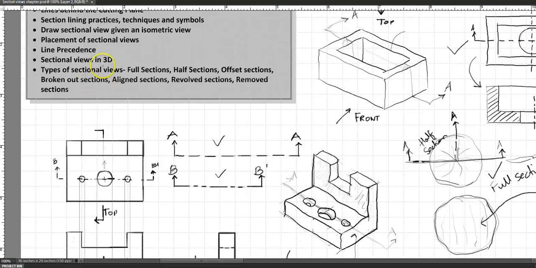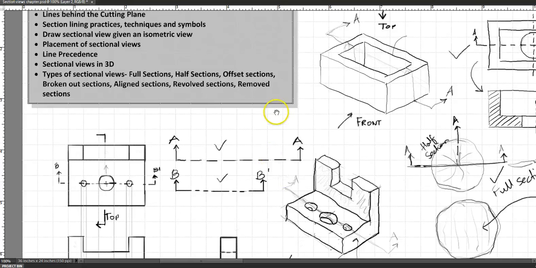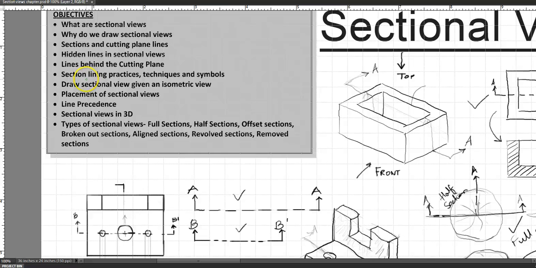Okay, and we are going to see all the examples that belong there. Before we get there, we are going to look into how we even draw the correct sections and the correct practices of having the sections, like the linings.